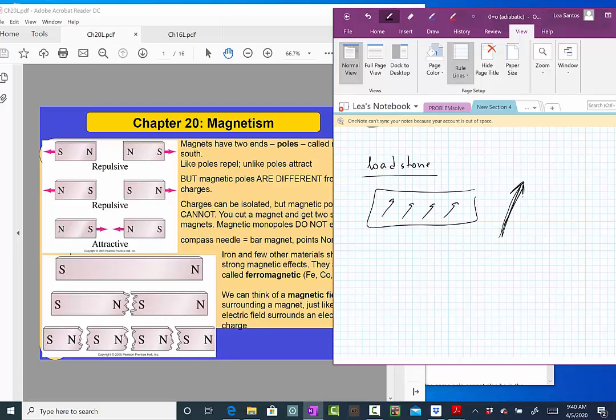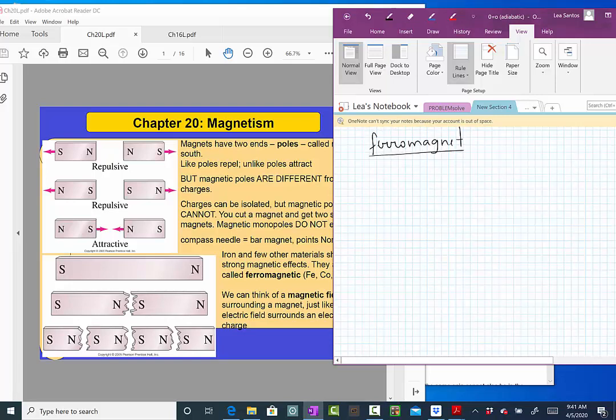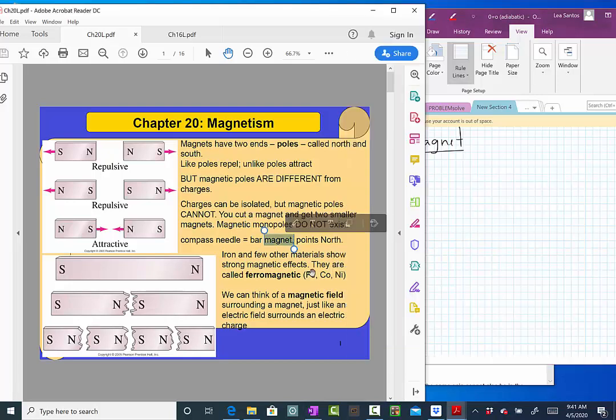There are other kinds of materials which we call ferromagnets, which are not permanent magnets, but they can behave as a magnet. How? What are the examples of ferromagnets? You see here, iron is an example, nickel is an example.